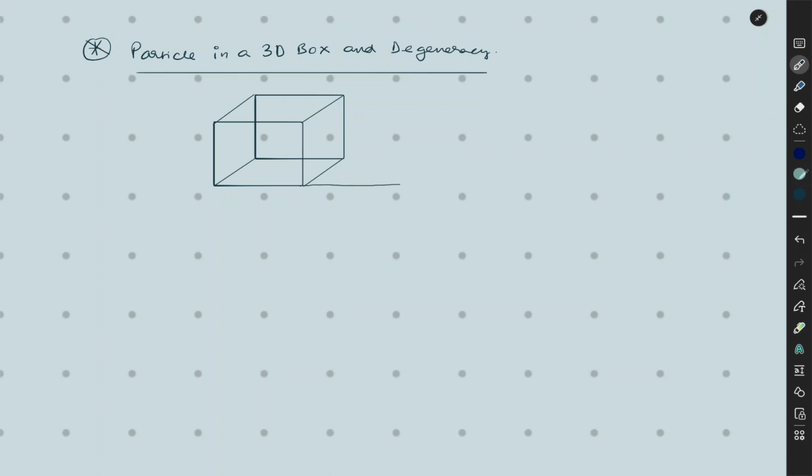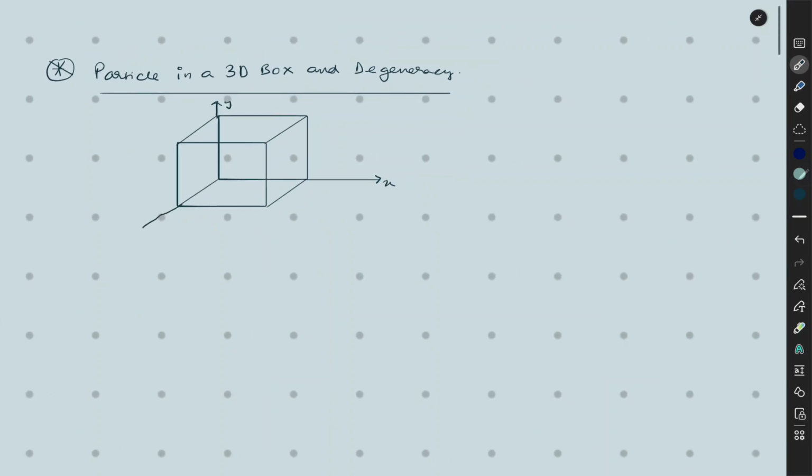Let us take this one x, this one y, and this one z, and let the length of all the edges of this cube be equal, and the length equal to L.